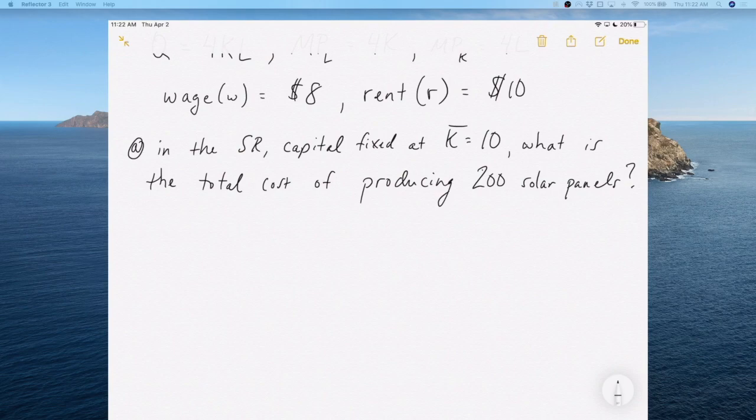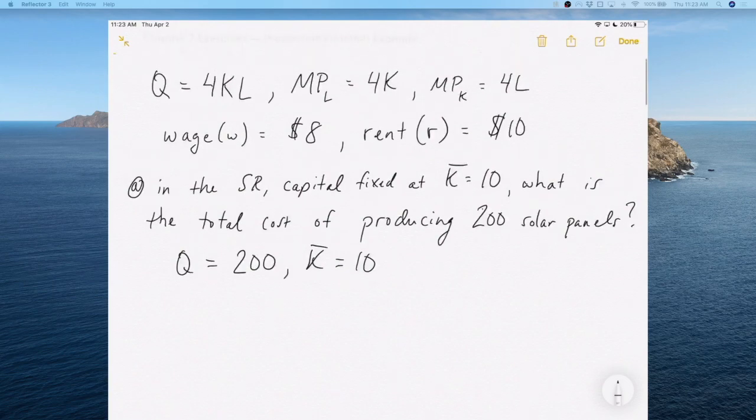We start off by substituting in our values for Q and capital. So Q is equal to 200, and like the question says, capital is equal to 10.